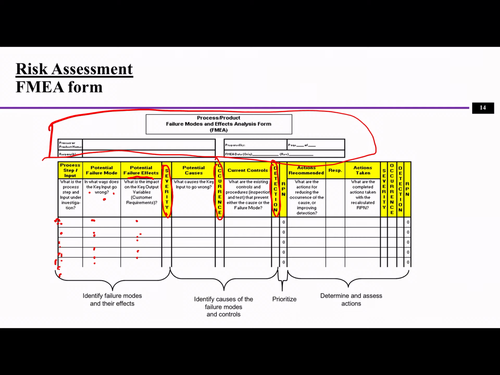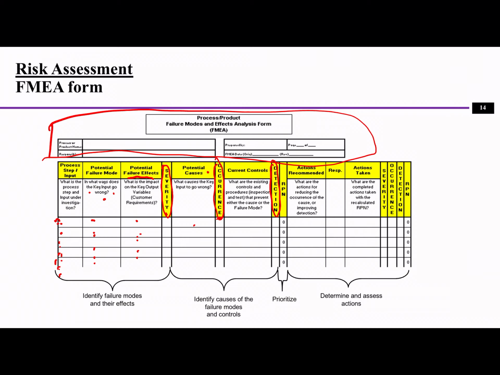We also need to identify the potential causes: what causes this impact. Occurrence means how often it can happen in a system. So what is the probability, what is the chance of this going wrong?